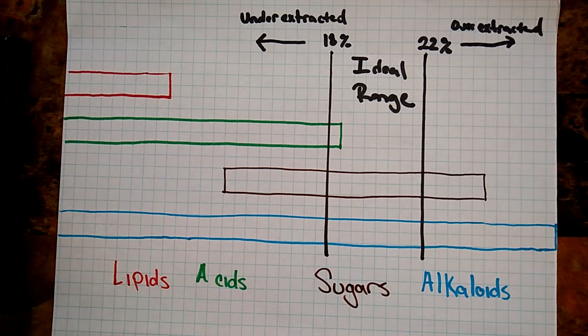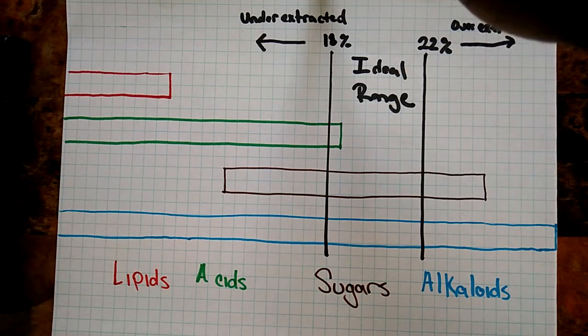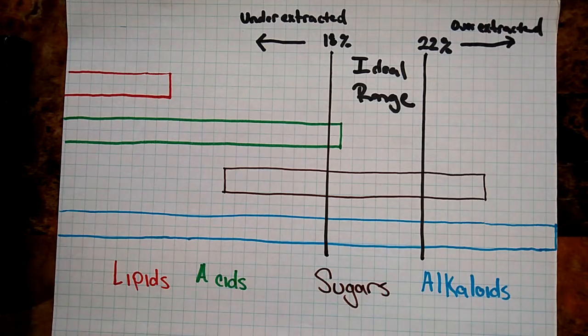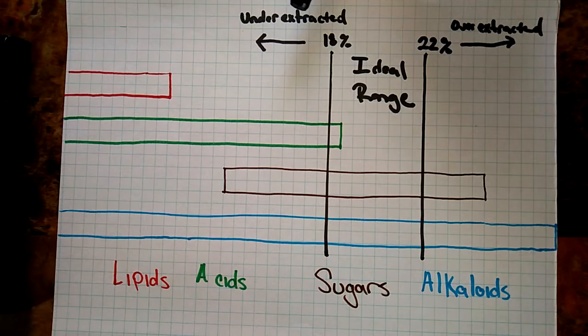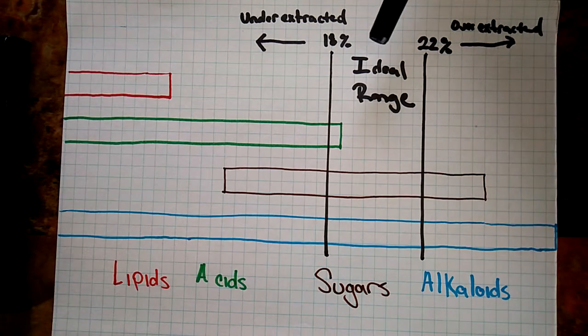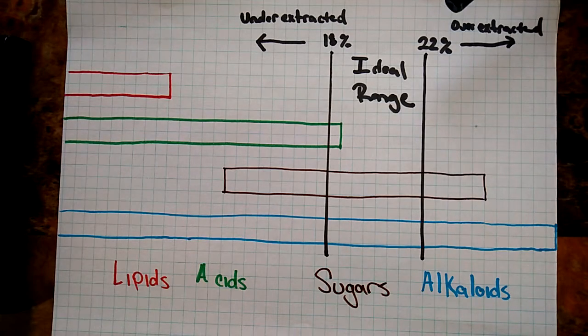So essentially, we have a couple different terminologies for evaluating coffee, and they are under extracted, over extracted, and ideal range. So the ideal range is between 18 and 22% extraction. So that means that when you add water to that coffee, the water is stripping the coffee ground of those solids, and they have mass.